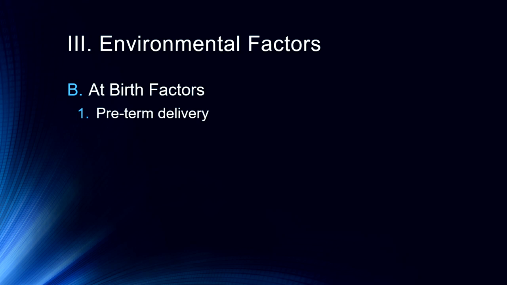At birth factors. Preterm delivery is a pretty significant risk for intellectual difficulties, and the more preterm, the higher the risk. Any infant that has very low birth weight, and again, this is associated with preterm delivery, so these are two that go hand in hand. Low birth weight is also associated with cigarette smoking. In a congressional deposition back when big tobacco was being investigated a great deal, one of the tobacco executives actually had the gall to say that some women preferred smaller babies.